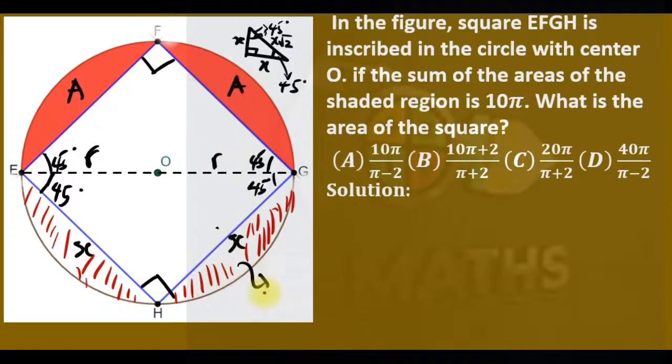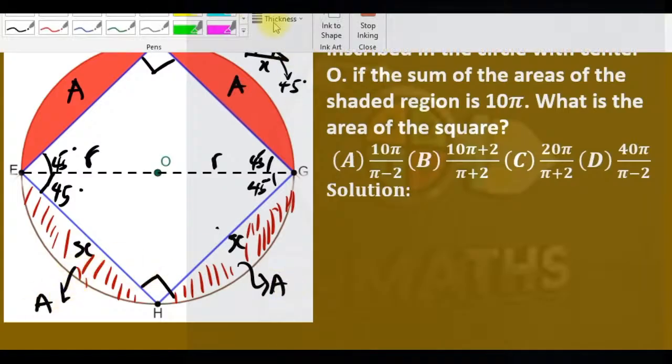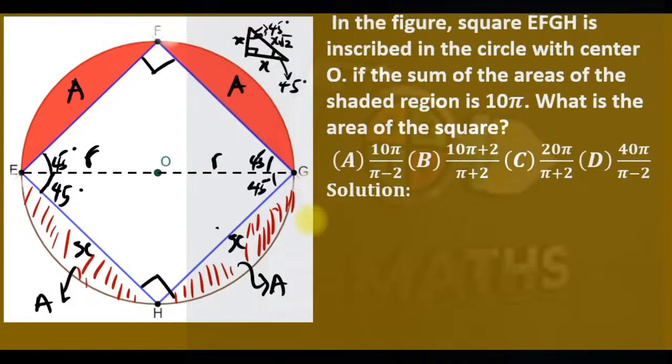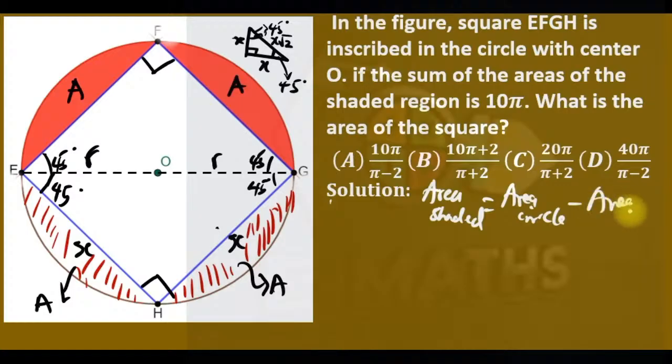This is also A, this is also A. We can easily see that we are saying that the area shaded is equal to the area of the circle minus the area of the square, and we need to get the area of the circle in terms of the side of the square, because we are looking for the area of the square.